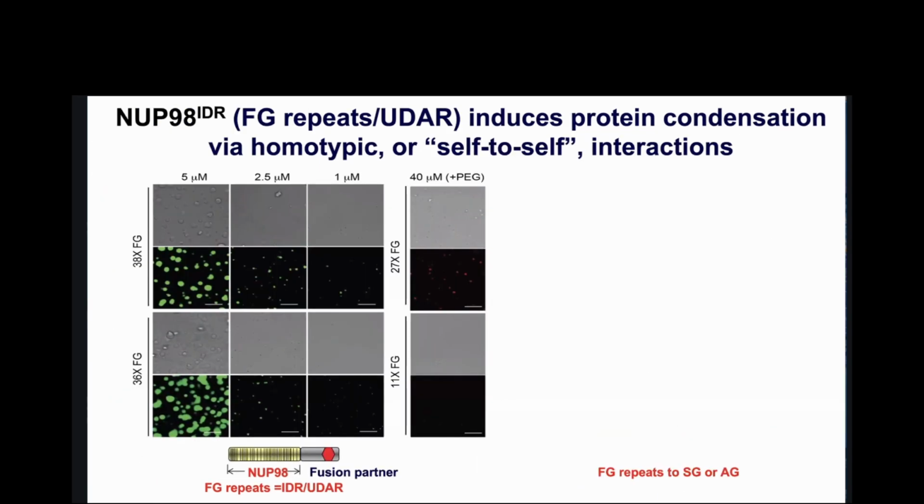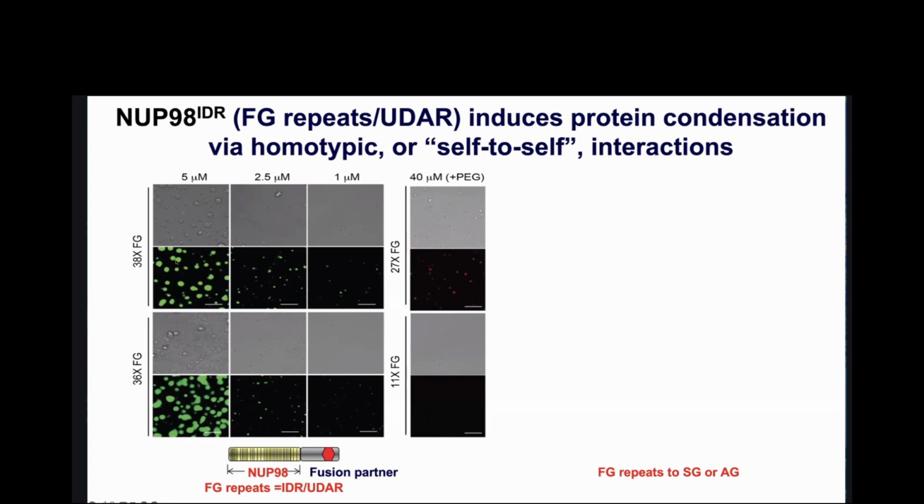So what John did initially was purify the recombinant protein from bacteria using this common region of NUP98 that is retained in all the fusions that we see in leukemia patients. And then, as you can see, he played this purified protein on the slides. You can see the beautiful condensate formation.